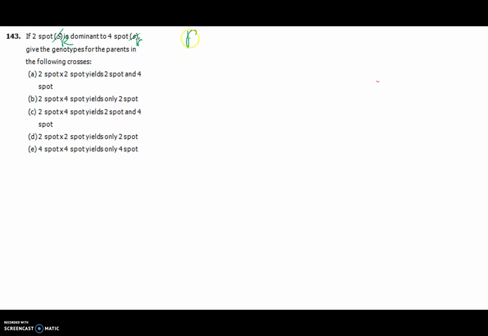So I'm going to make a note first that 2 spots are dominant and 4 spots are recessive. So if 2 spots is crossed with 2 spots and they give 4 spots, that kind of just looks like a math problem. But let me erase that real quick and set it up better.